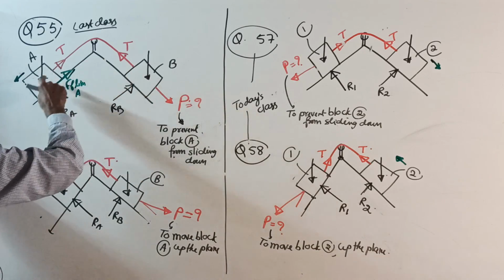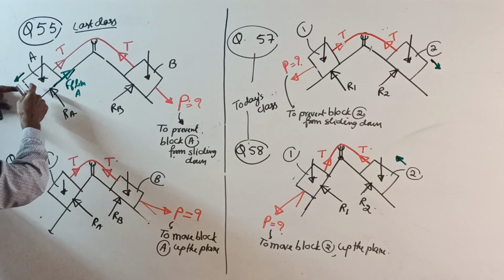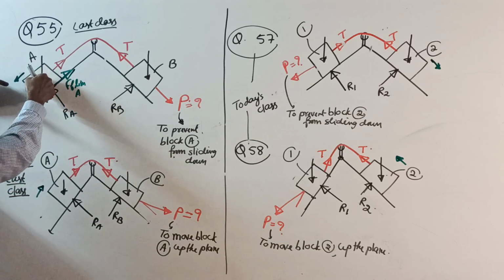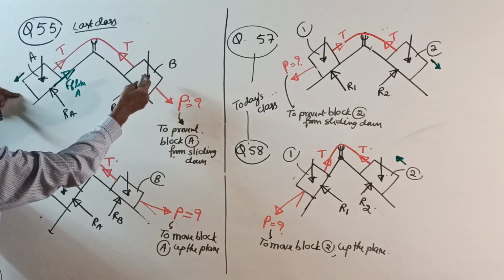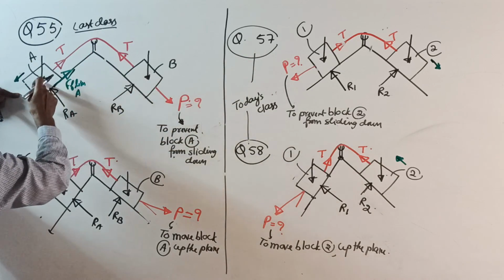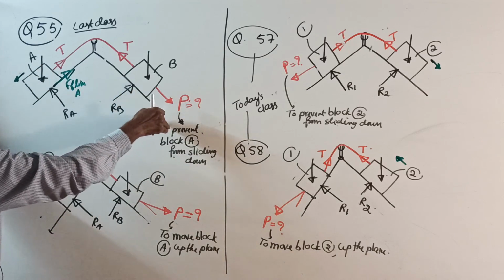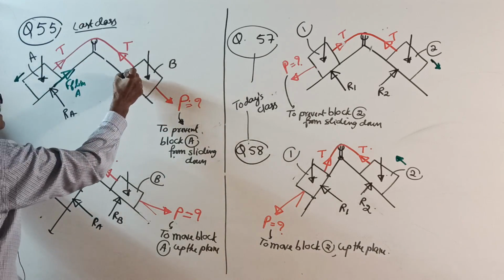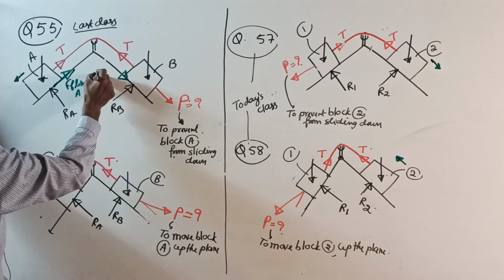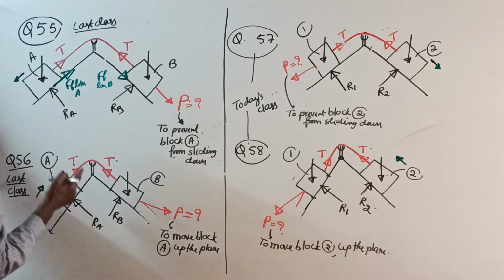But remember, very important: when this block is sliding down, that block will move up. Therefore, when this block slides down, then that block will move up. So friction here is down. FF limit for B. Come to this question.